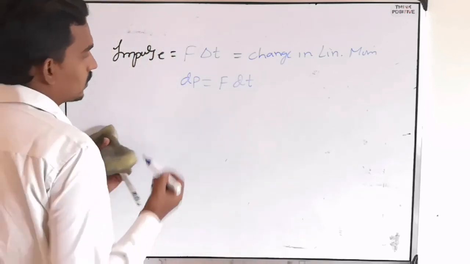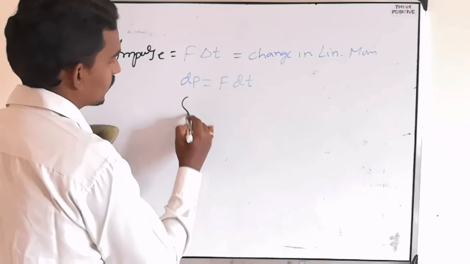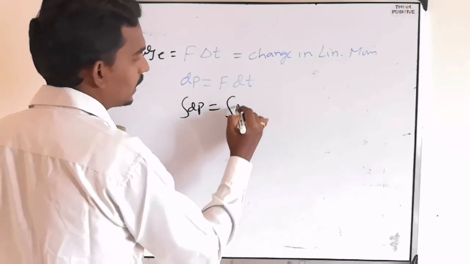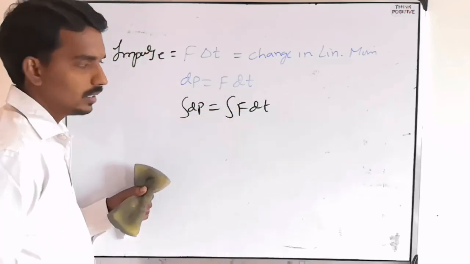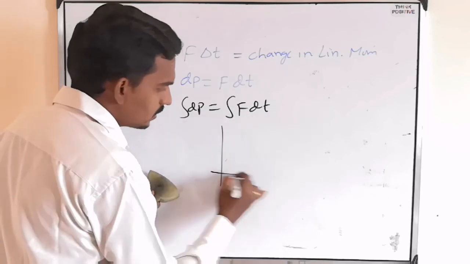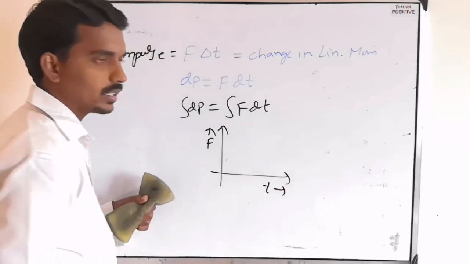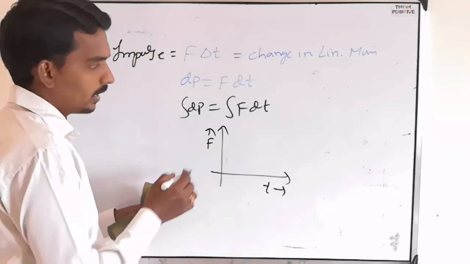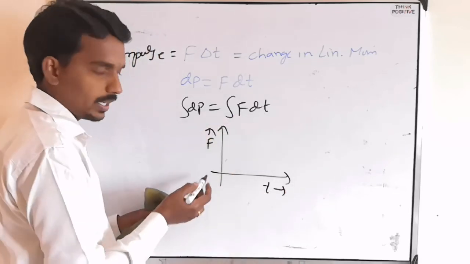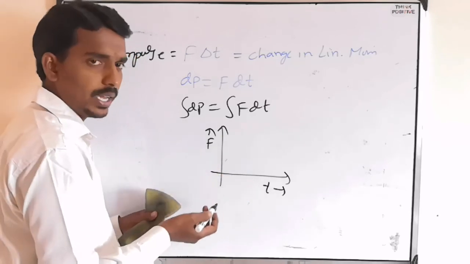So here, if you take integration f dt, they can ask a question like they'll give a graph of force versus time. Integration f dt means integration y with respect to x.